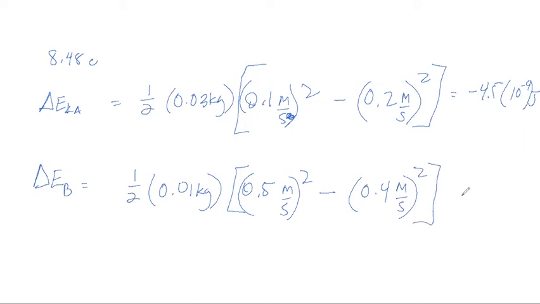And that will give us the difference, plus 4.5 times 10 to the negative 4th joules. So we have an elastic collision. We've got a conservation of momentum and a conservation of kinetic energy.